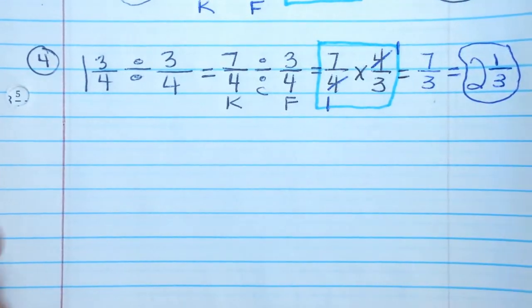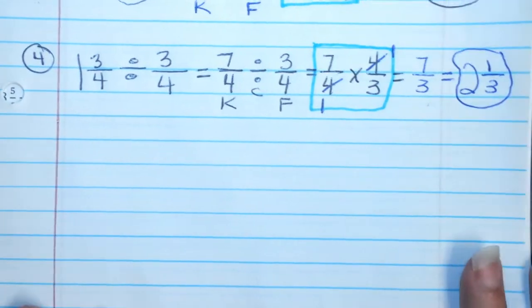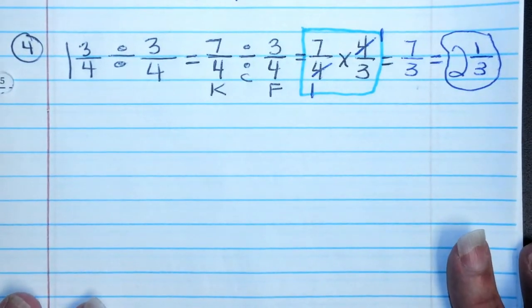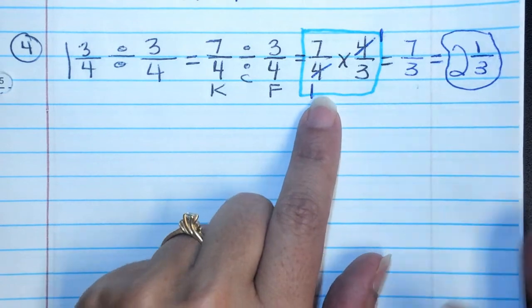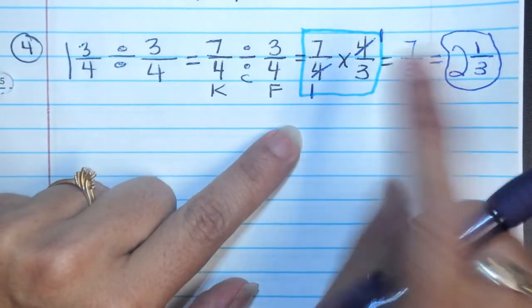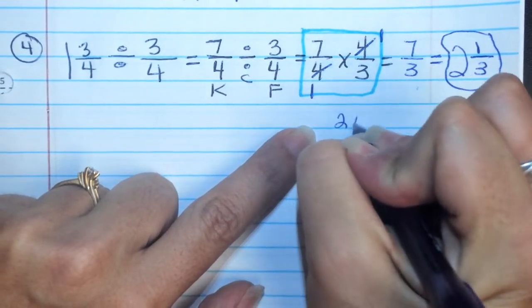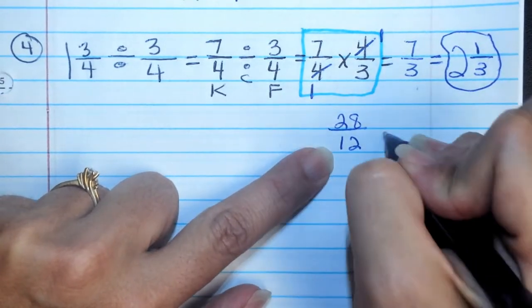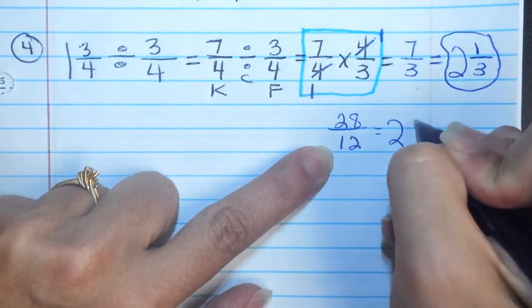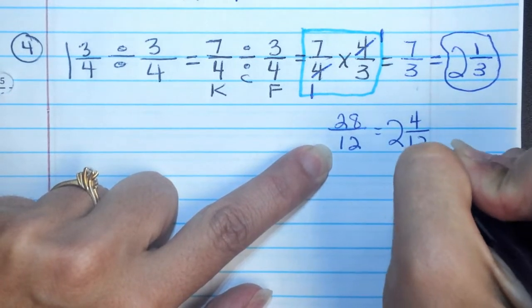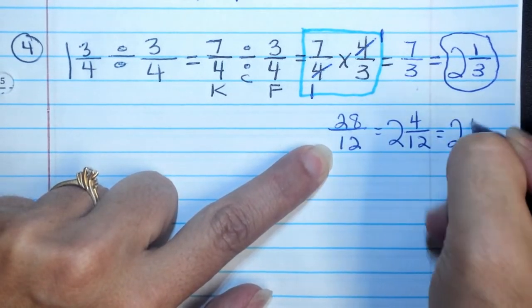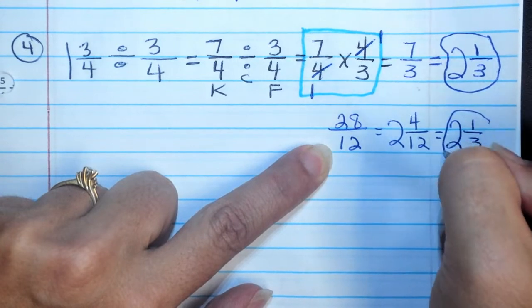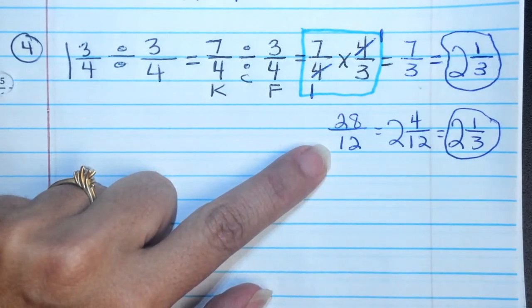Now, if you don't have 2 and 1/3, let's talk about it, because you could be on the right track, especially if you didn't cross simplify. You might have 28/12. Listen, that's the same thing. 2 would be 24. There'd be 4/12 left, which is still 1/3. All that would be the same.